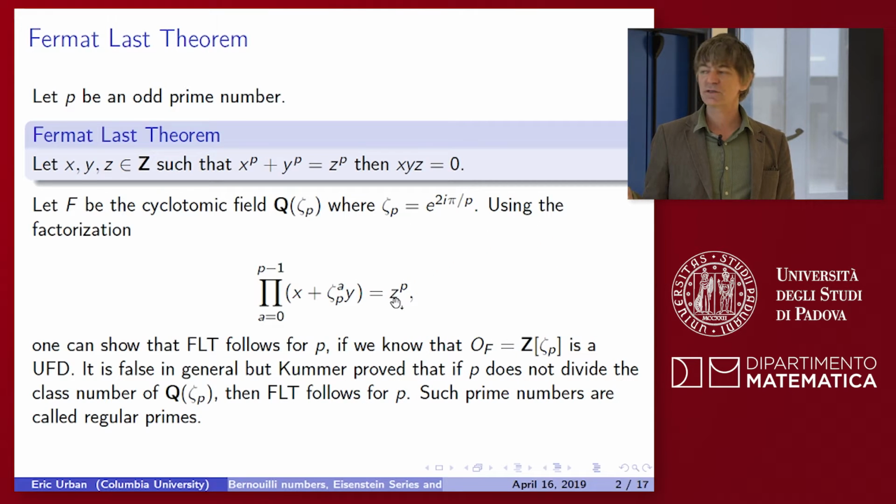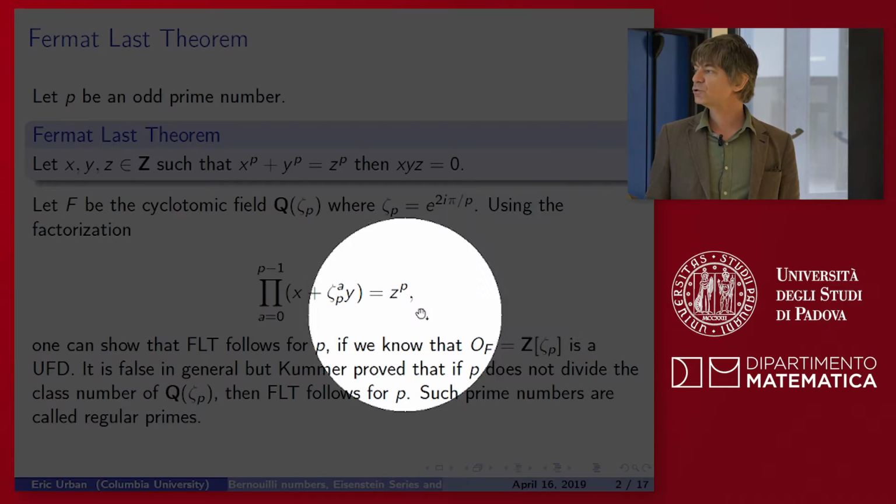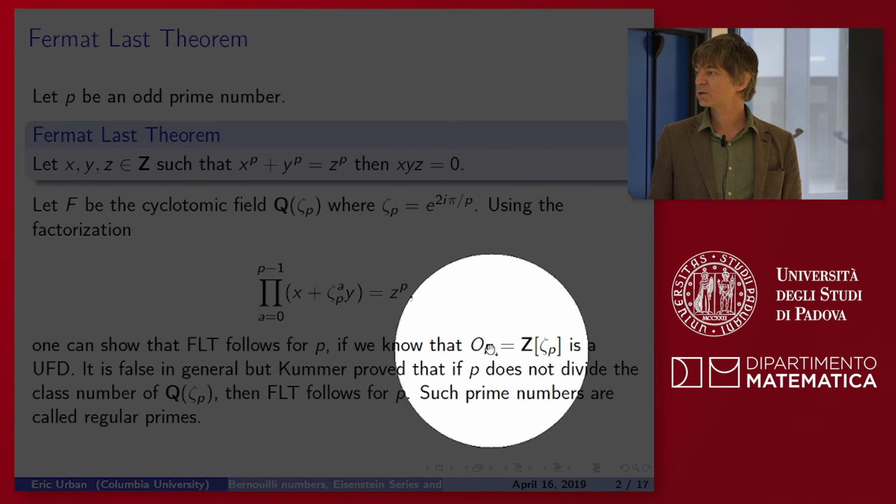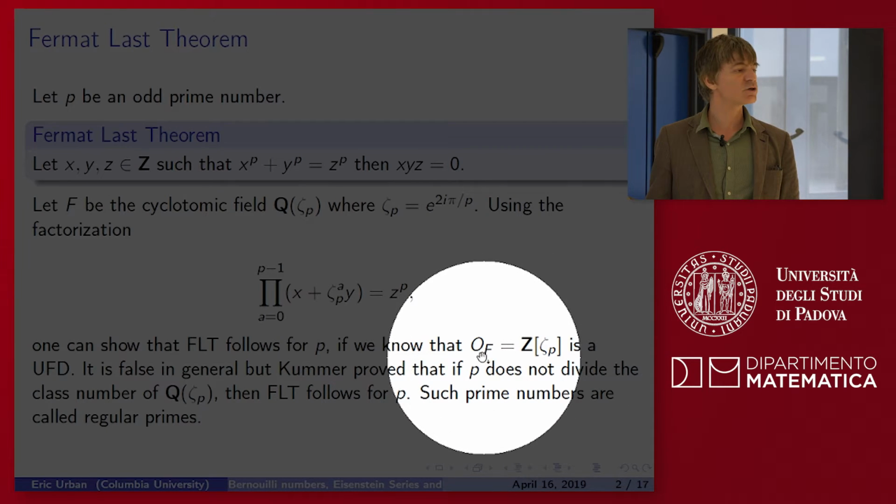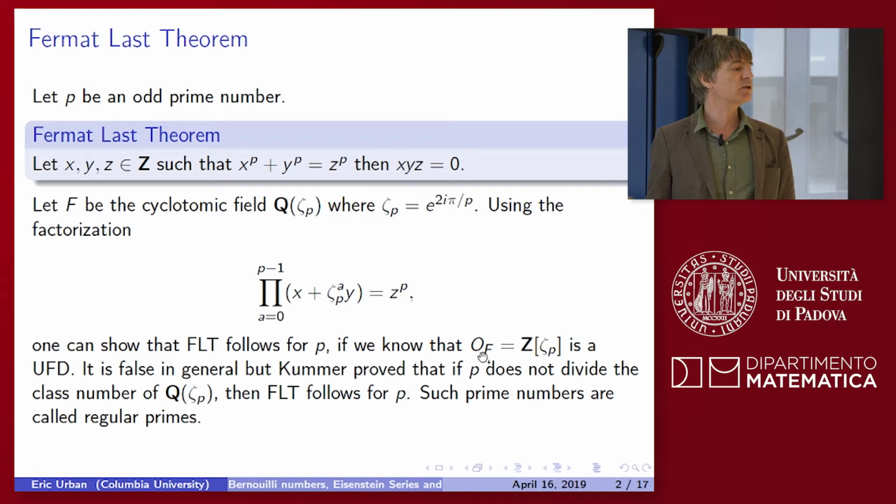And using this factorization, if you knew that this ring is a unique factorization domain, which means that it behaves like the integers, that means that you have irreducible elements like prime numbers, and each element in this ring can be decomposed uniquely as a product of irreducibles times some invertible element.